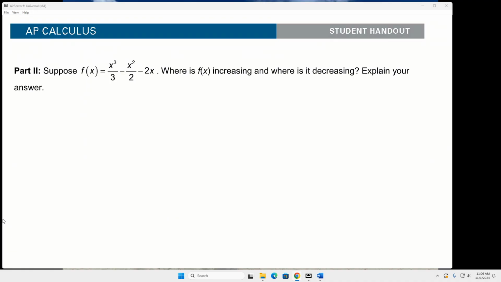They may give you a whole lot of space to do pretty much what we did yesterday. All right, so we have this function, and we are going to find where f is increasing and decreasing. So what do we need to find? The derivative. Then we need to find the critical numbers, or sometimes it's called critical values, or critical points.